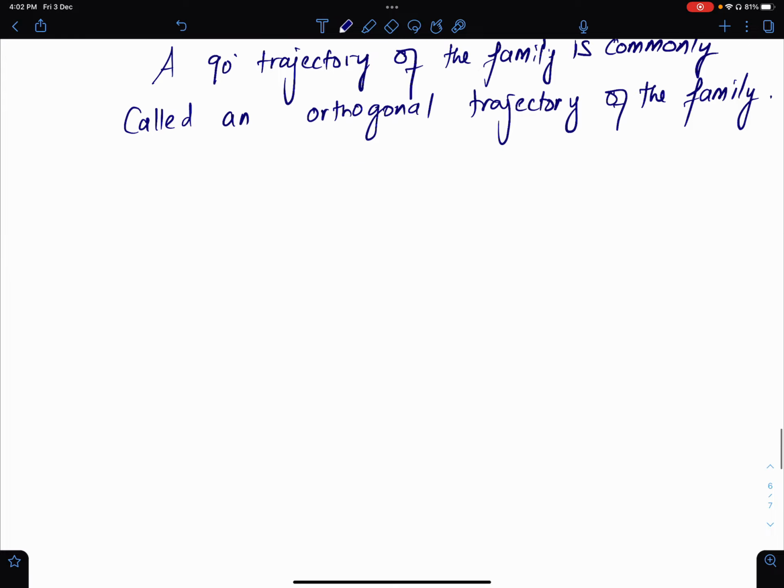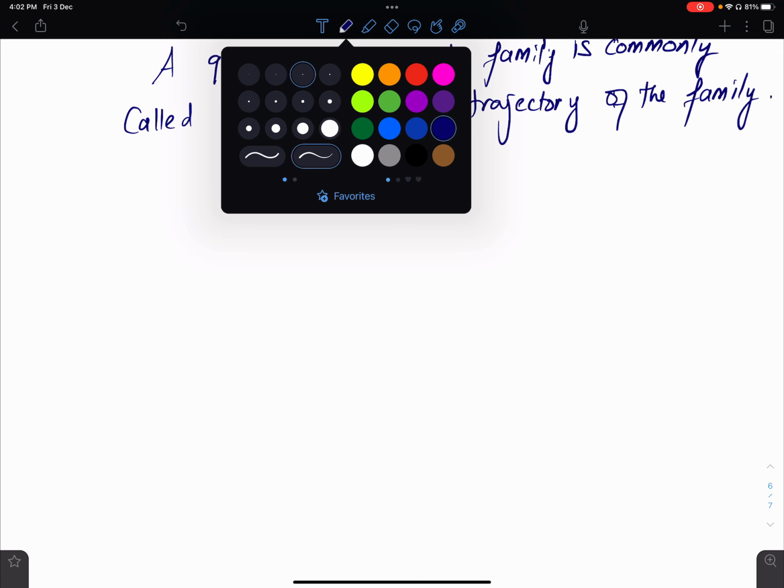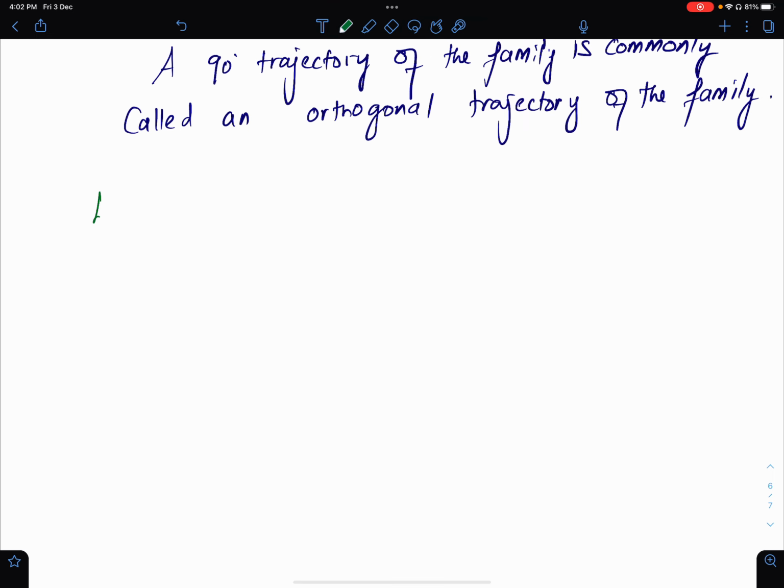See here what I am trying to tell. Take a family of curves, and if that family is cut by another curve at 90 degrees, then it is called an orthogonal trajectory. So let us take a family of curves.